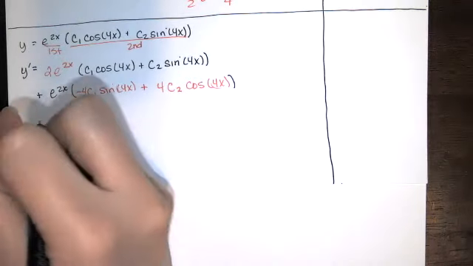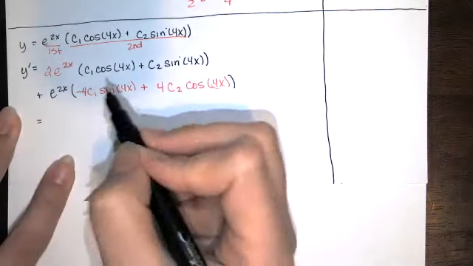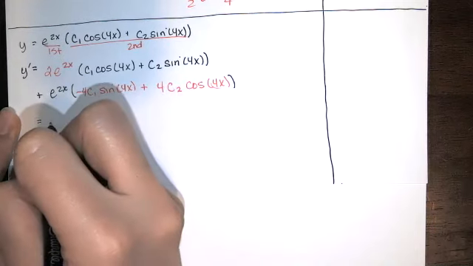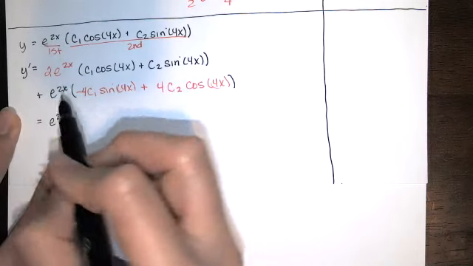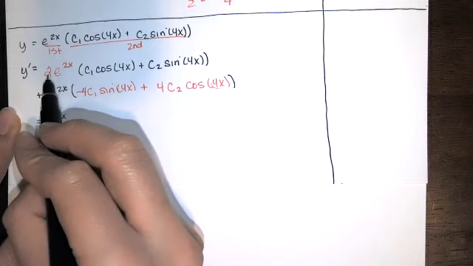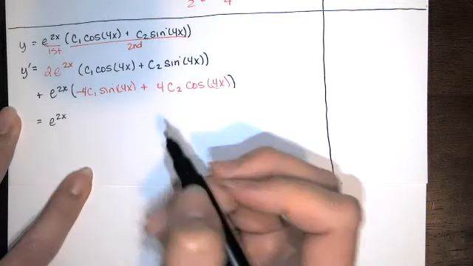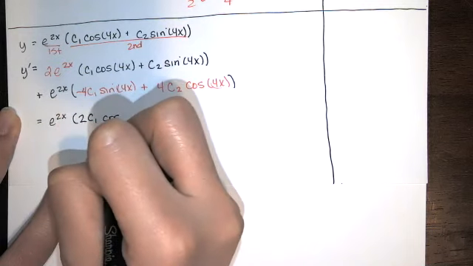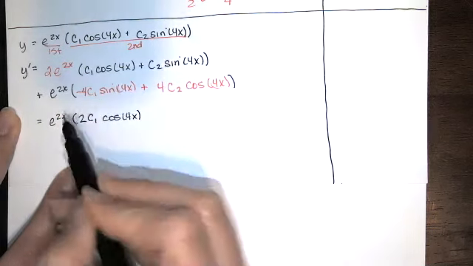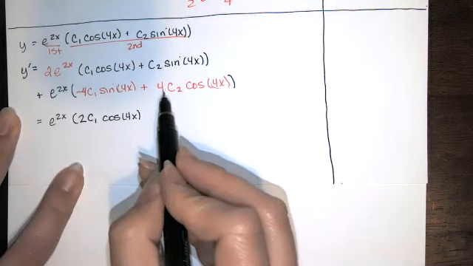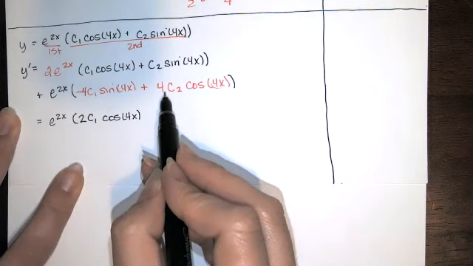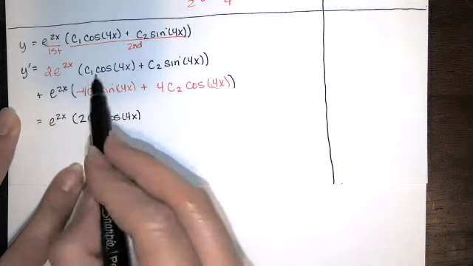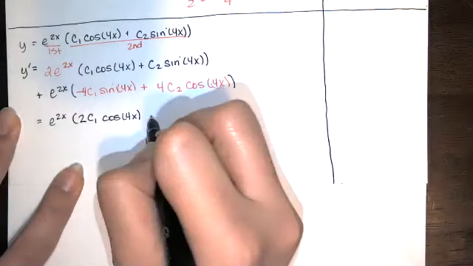If you want to, you can simplify further. I've got e to the 2x times 2 times c1 times cosine of 4x. And then I have e to the 2x times 4c2 times cosine of 4x. I'm looking for the cosine terms.